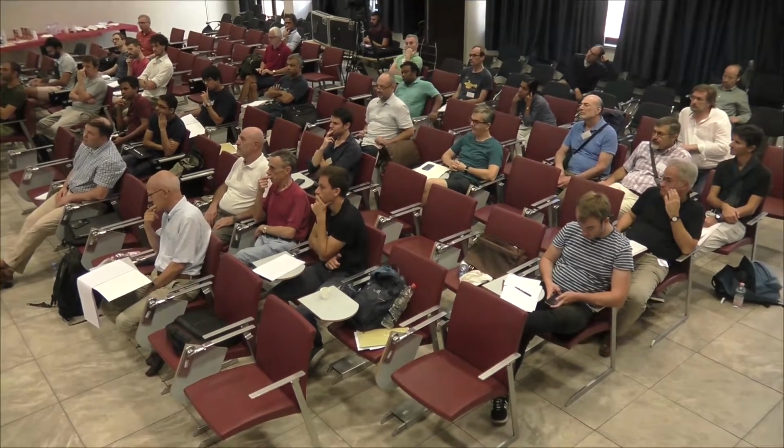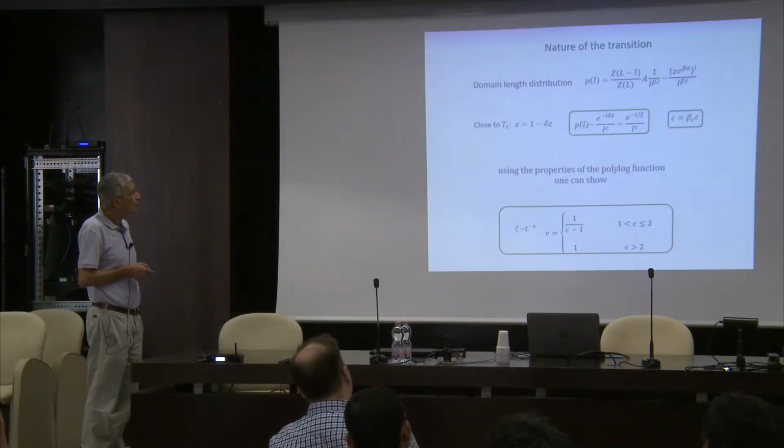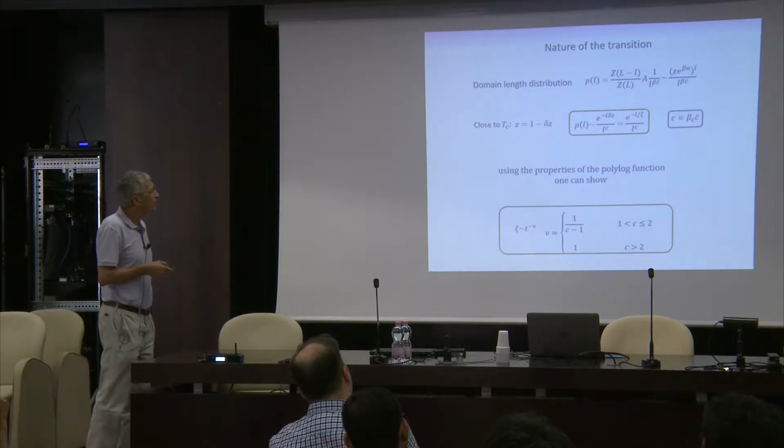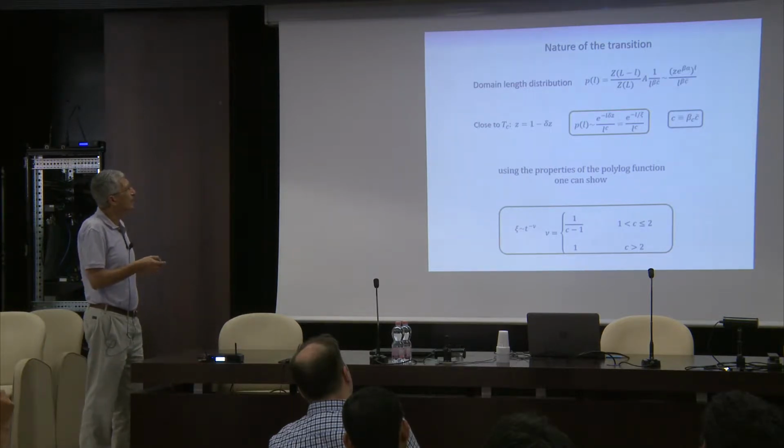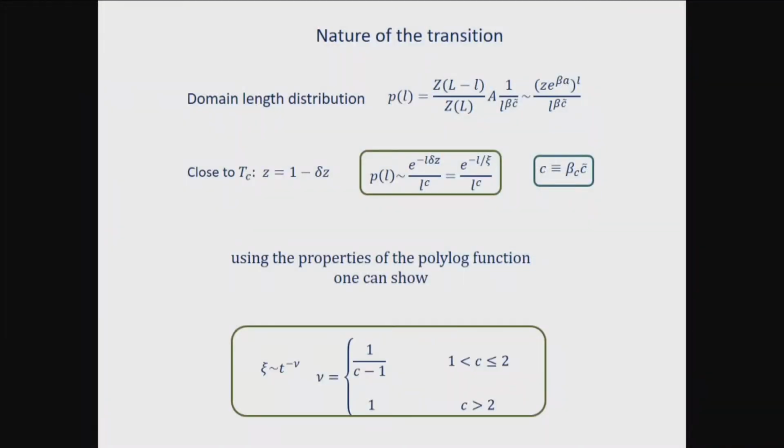Okay, that's it. So if you look at the nature of the phase transition, you can calculate it right from here. The probability of having a domain of length l, I think Martin discussed it yesterday, some other people discussed it, is z to the l minus l divided by z to the capital L times the probability of having a domain of length l, which is this.